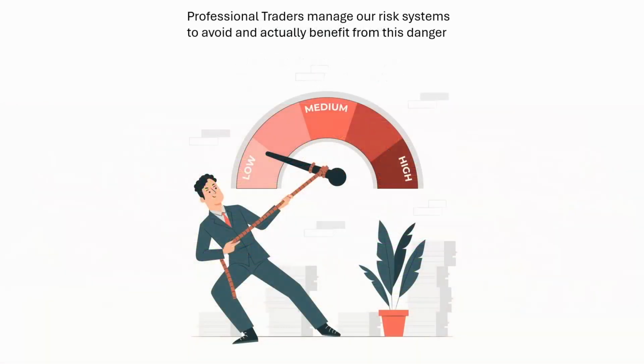But what you should understand is that professional traders like myself manage their risk systems correctly in order to avoid those dangers and actually to benefit from those dangers. Okay, that's what professional traders can do, and that's the key of utilizing options. It's by managing and manipulating the risks that you see at hand.